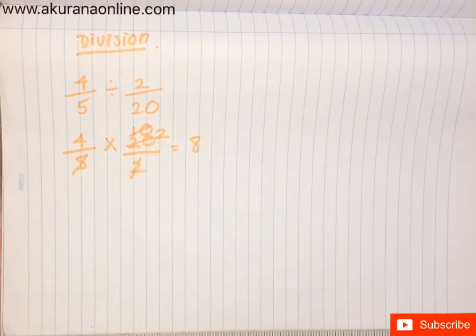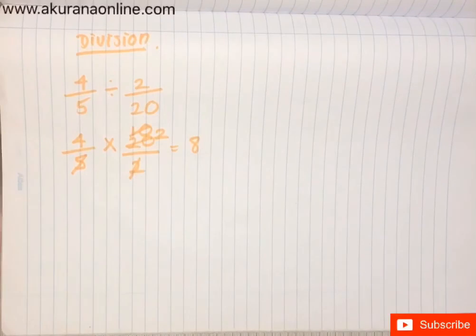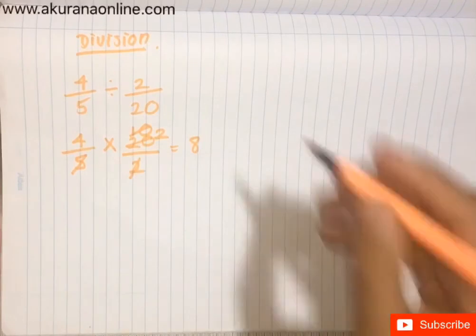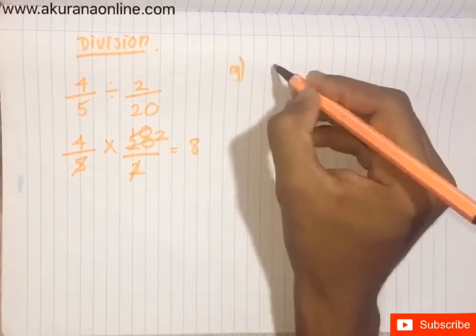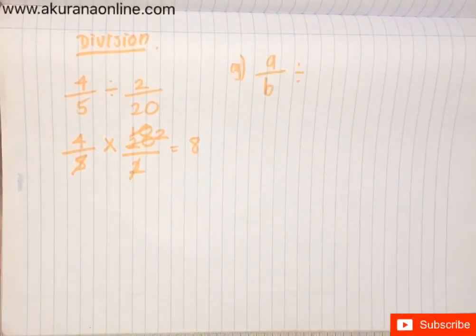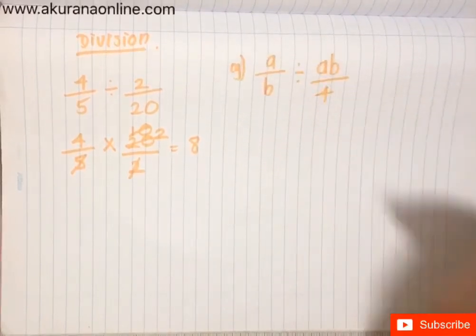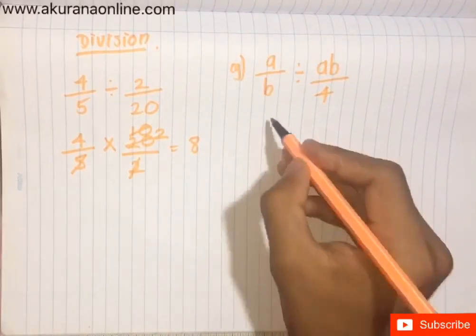Okay. Now we will move on to a question with algebraic terms. We'll take as an example a over b divided by ab over 4. How do you solve this? Same.